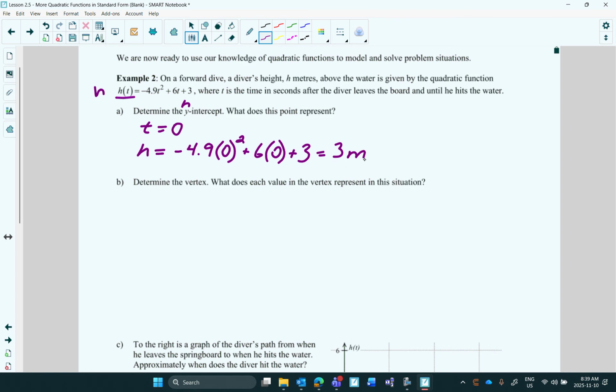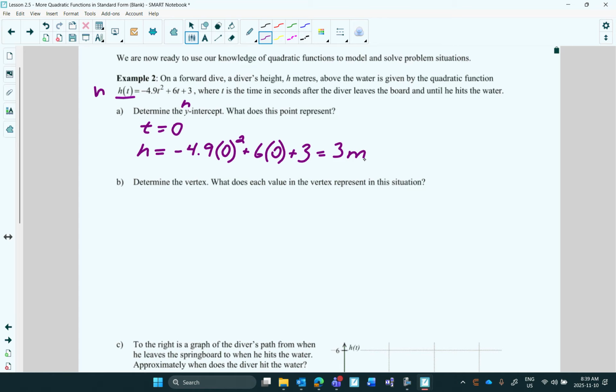So what does that point represent? What does it actually mean in terms of this dive? Where the diver is starting, right, exactly. Where the diver is starting, a 3-meter platform or 3-meter springboard.